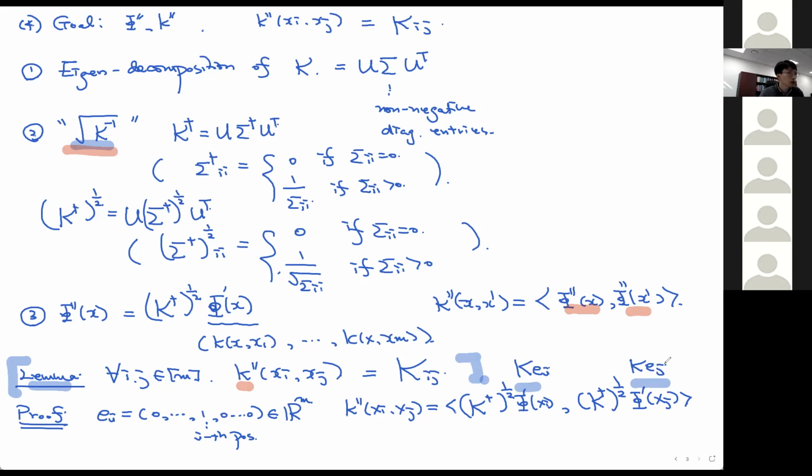So although I don't go to the details of the calculation, if you do the calculation, this is what you can get.